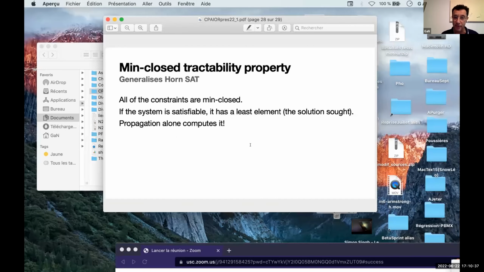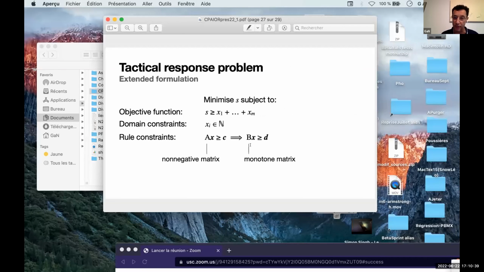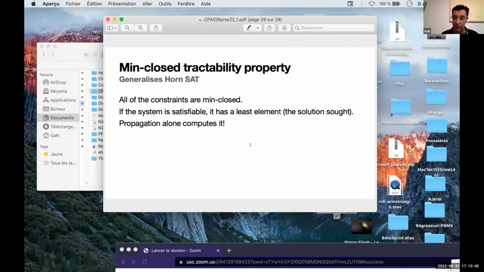So the formulation we had in this slide just generalizes a very standard Horn satisfaction problem. Of course, we move to generalization. And if you remember, in the Horn case, you've got a least element property. And we find again that least element property due to min-closed properties.